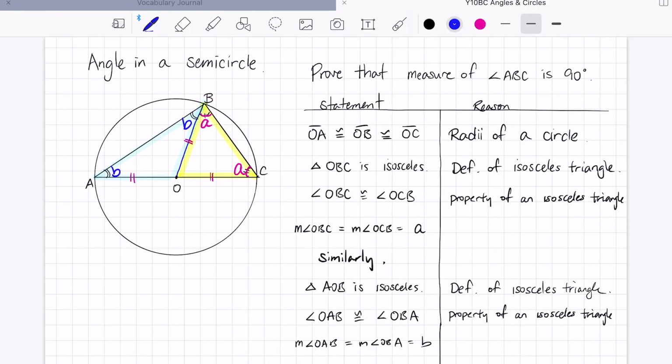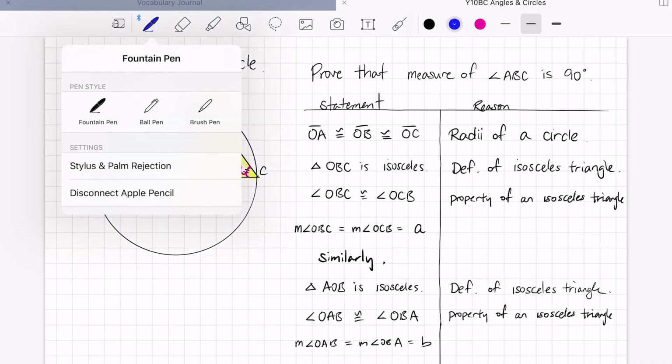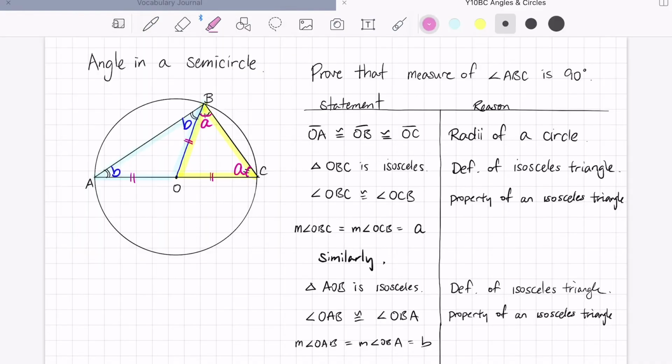All right, so from looking at the entire triangle, not the small one, not OAB or OBC, we are looking at triangle ABC, the big triangle that you see here, ABC. What we know about triangles is that if you add up the three angles inside, they should add up to 180.